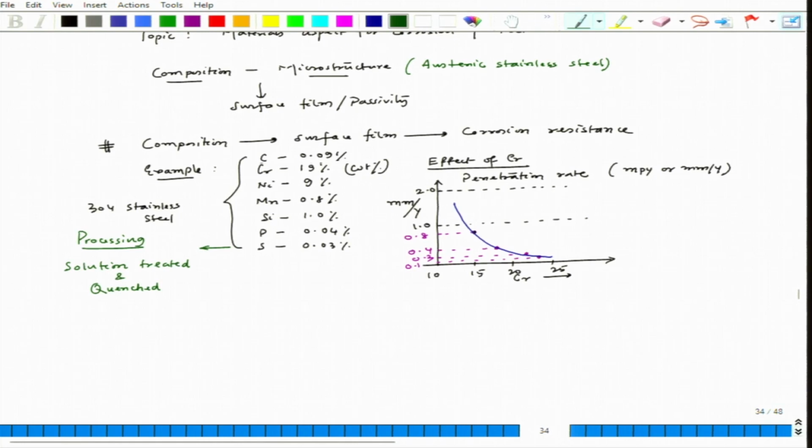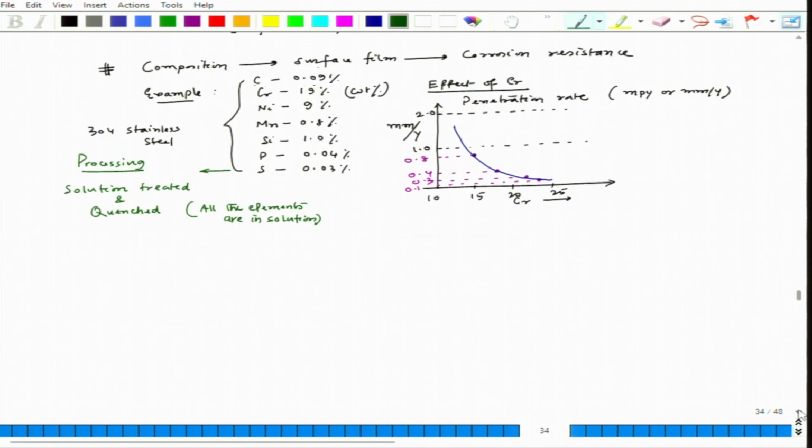In fact, here only heat treatment is considered, and at that time all the elements are in solution. So, we see the chromium effect. Now, in fact, it would have an effect of nickel on it. In fact, we will see that the effect of nickel on the penetration rate will not be that much.